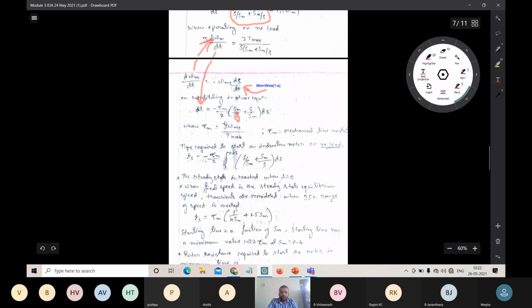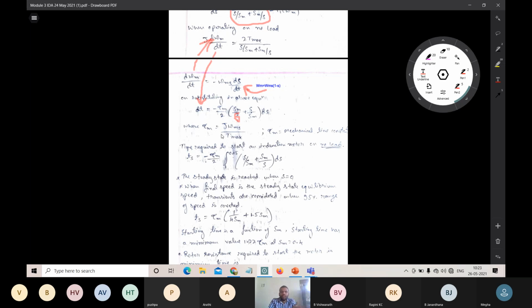Yesterday I told that tau m is the mechanical time constant, because the transient analysis that we are taking place is for mechanical devices, from one steady state operation to another. What is meant by transient analysis? Transient analysis is nothing but a changeover of systems from one steady state point to another steady state point.